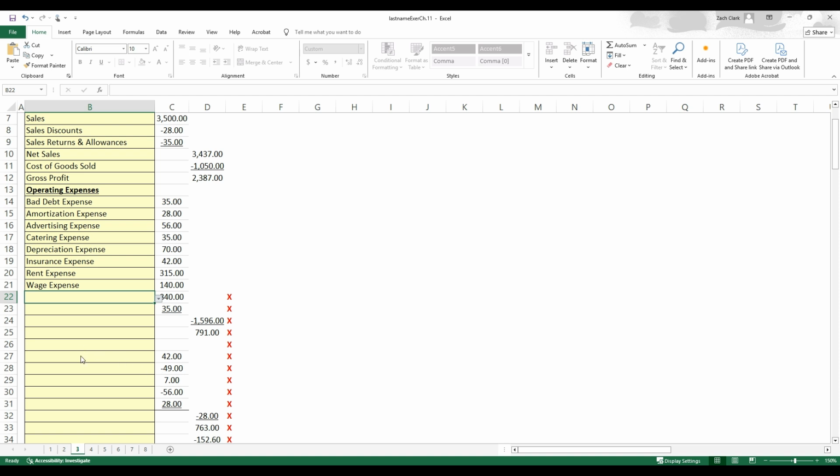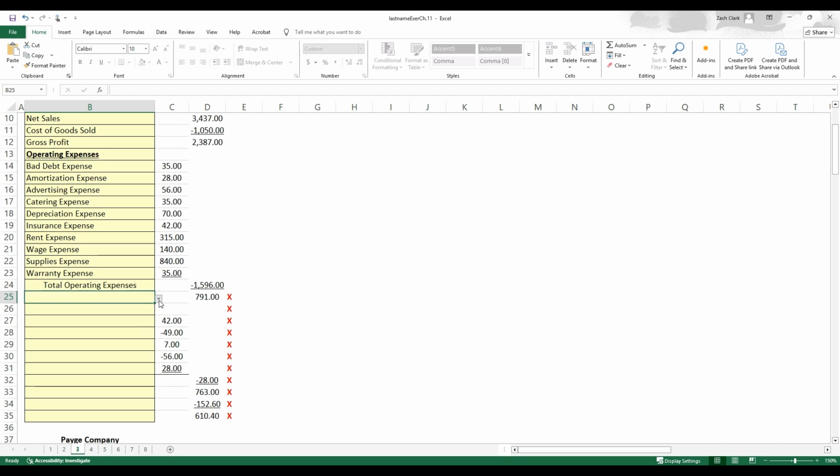Supplies expense, and then total operating expense will be at the bottom. So that looks like the last two, I believe. Oh, no, we have one more. Warranty expense? Okay, yeah, we didn't include that one yet. Okay, so there we have all the expenses, and then we can say total operating expenses is that amount. This gives us operating income.